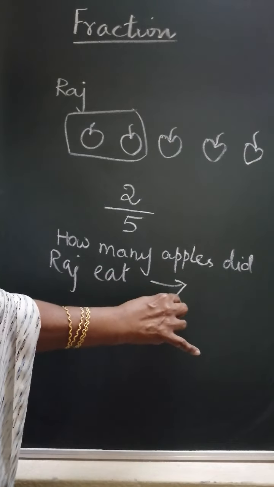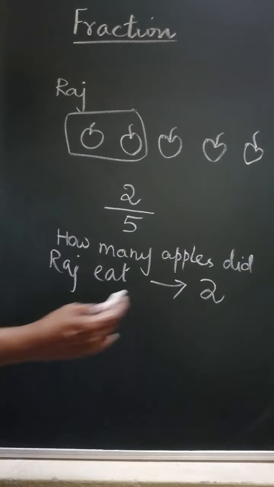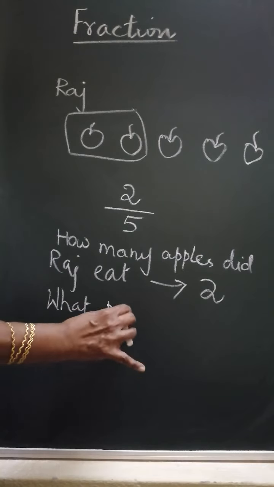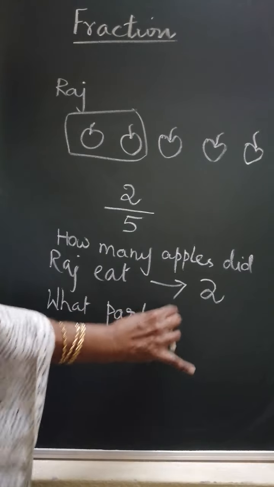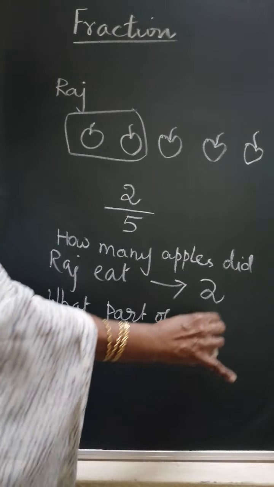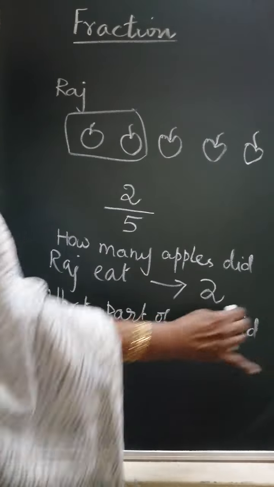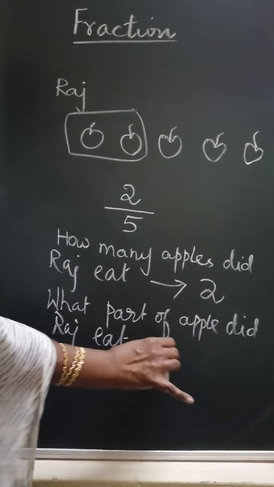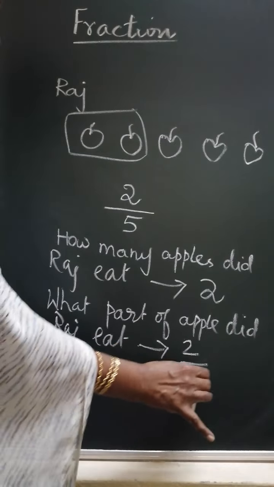The answer is 2. What part of the apples did Raj eat? That means 2 by 5.